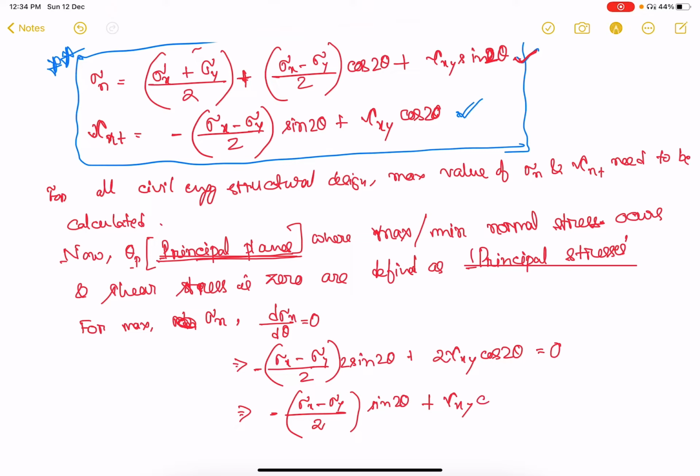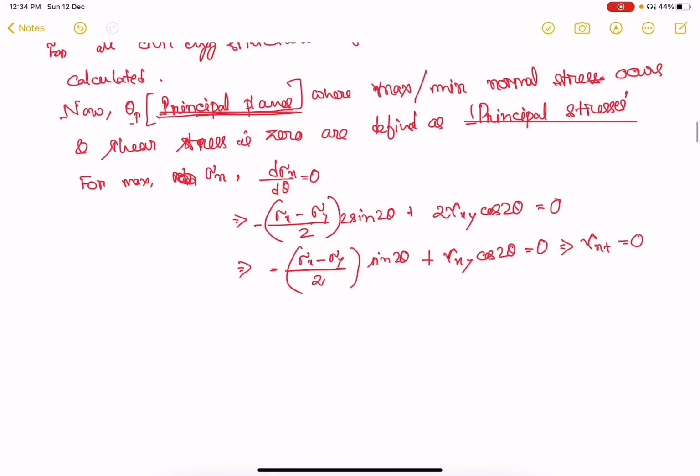So this term is clearly tau nt equal to 0, means shear stress vanishes, that is, shear stress is 0 at principal planes.